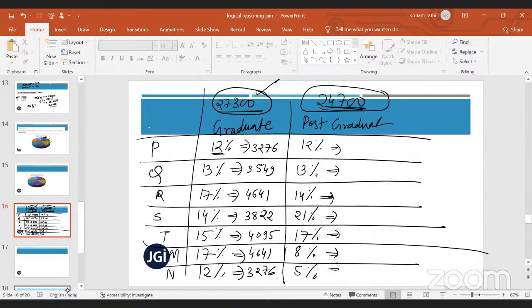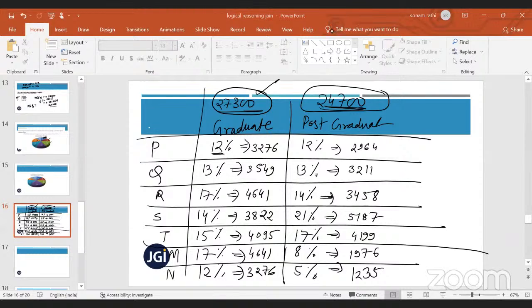So 12% of 24,700. See how easy it was to convert the data from pie chart to table.